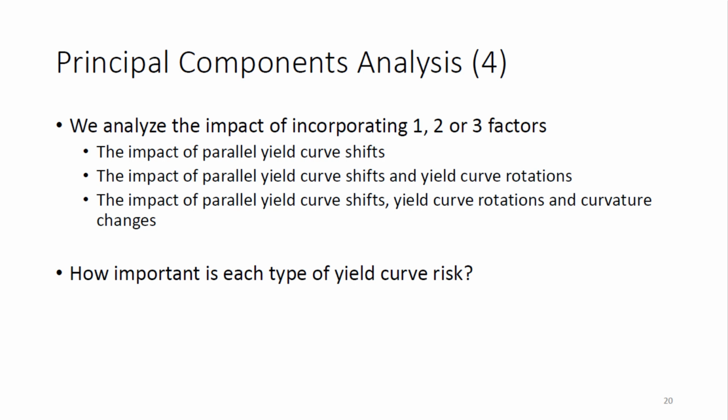So that's the first 2 factors who account for that. And if I include 3 factors as risk factors, then it's the parallel shifts, rotations and curvature changes. In doing this analysis, I really answer the question, how important is each type of yield curve risk?